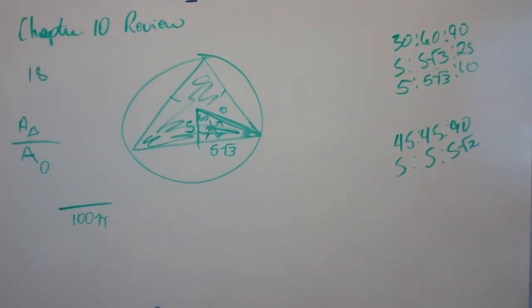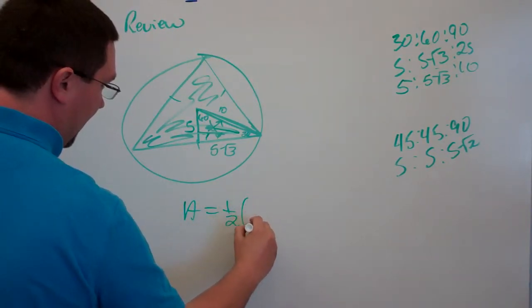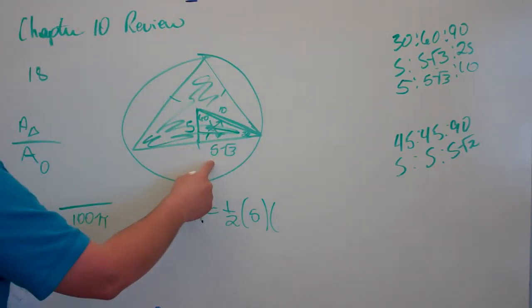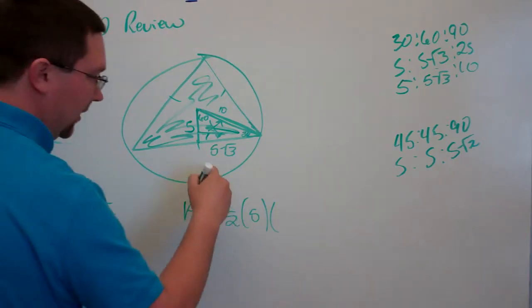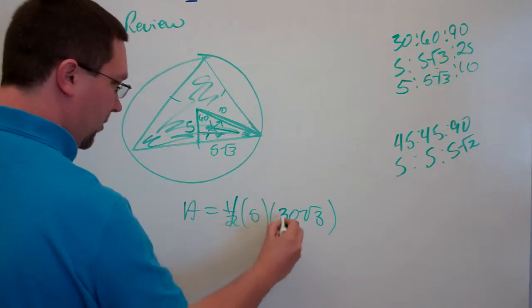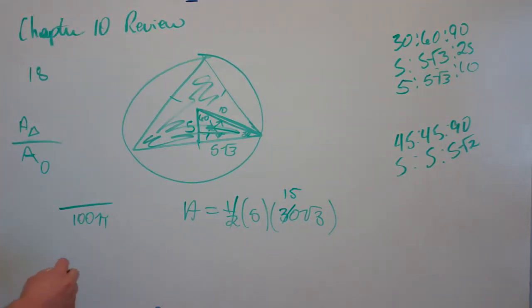So now we have everything we need to find the area of our triangle. Area of a triangle is 1/2 a p, 1/2 apothem times perimeter. Remember, you have 3 sides, so we have 6 halves. So that means this is 30 times the square root of 3. If you want, you can bring the 30 down to 15.